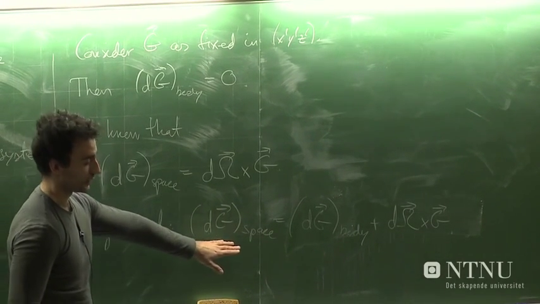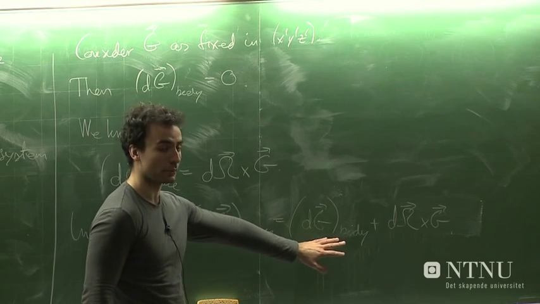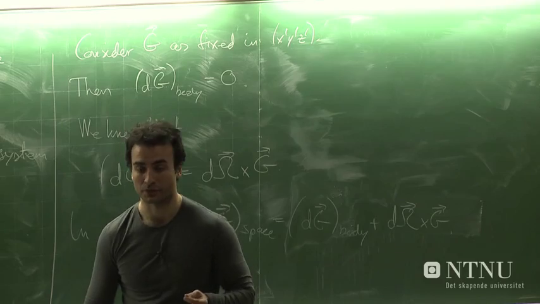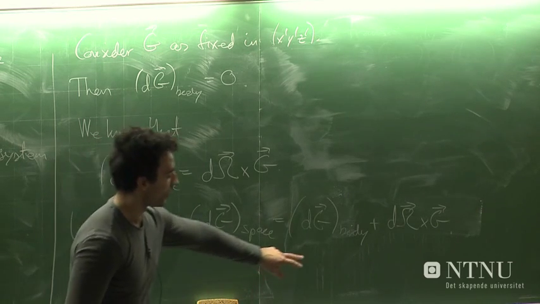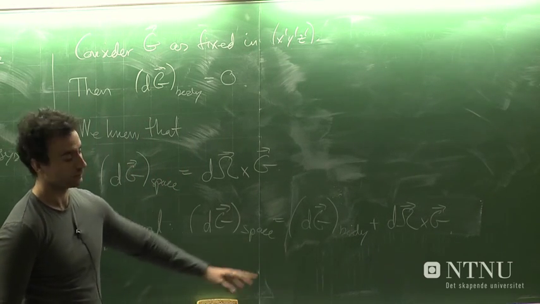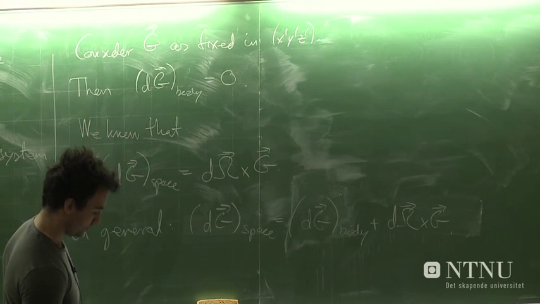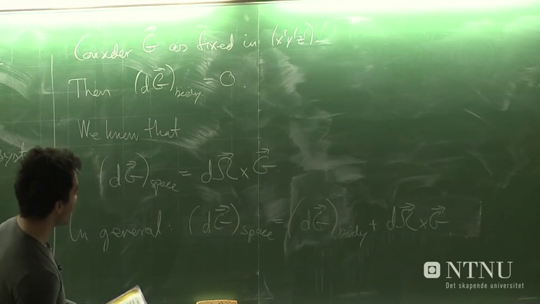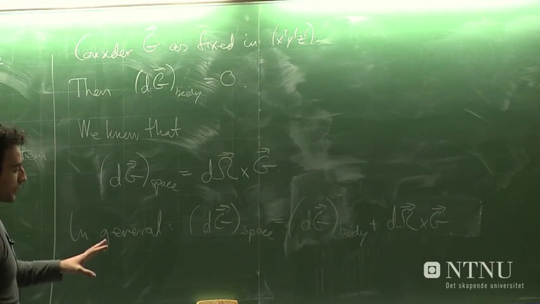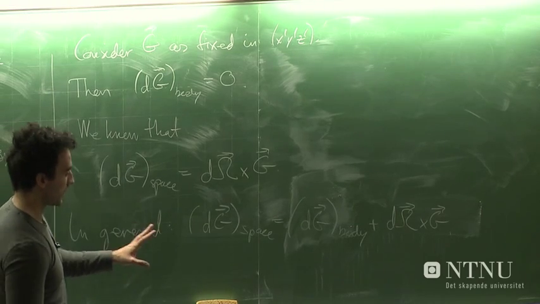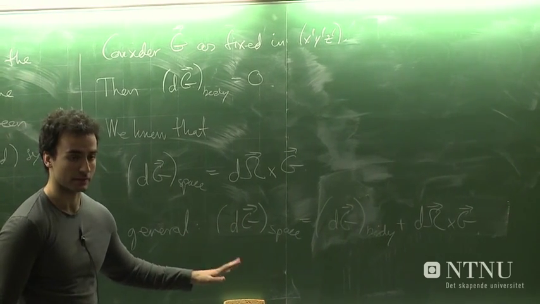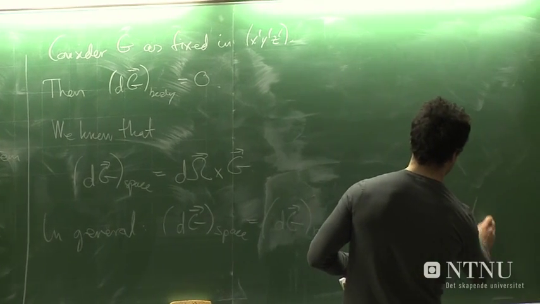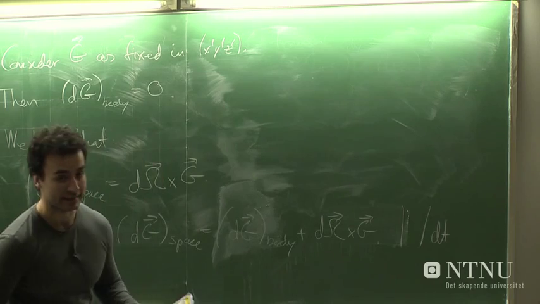The change in the space system, the fixed system, is given as the change as seen in the body system, plus this extra term, which stems solely from the rotation of the body system compared to the space system. And so we see that we're now in a position to actually be able to say something about the rate of change of a vector with time. Let me just divide by dt.